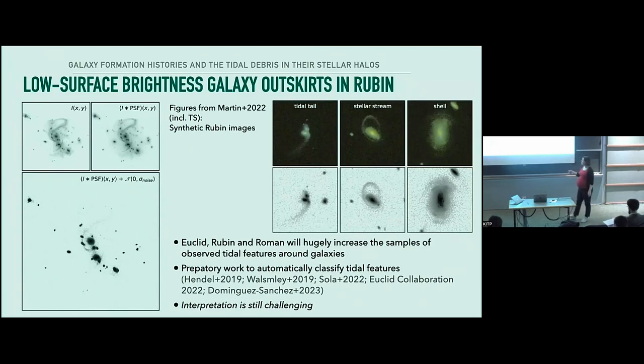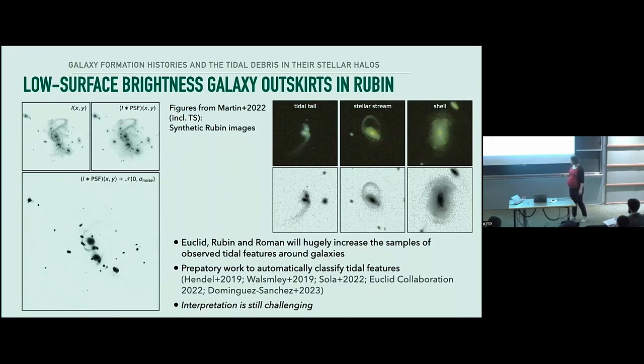The key thing I want to show is that there is a lot of substructure, and even at the depth of Roman, including noise, the effect of the PSF, etc., you see only part of that. And so the deeper we go, the more we will see.